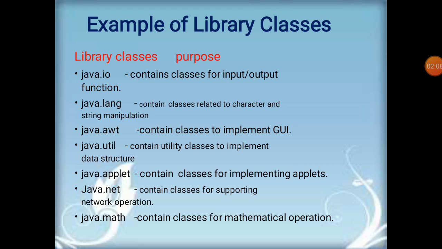These packages provide thousands of classes, and within the classes, thousands of methods are there. To use the functions of these classes, we have to import the package in our program. The keyword import is used to include a package in a Java program.